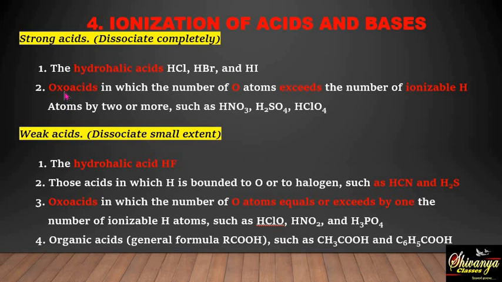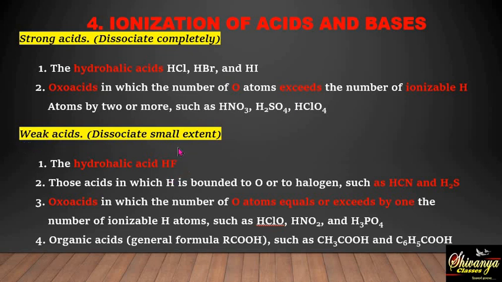The second strong acids are oxacids, in which the number of O atoms exceeds the number of ionizable H atoms by 2 or more. Here there is 1H, 3O; 2H, 4O; 1H, 4O. So the examples of strong acids are hydrochloric acid, hydrobromic acid, hydroiodic acid, nitric acid, sulfuric acid, perchloric acid.